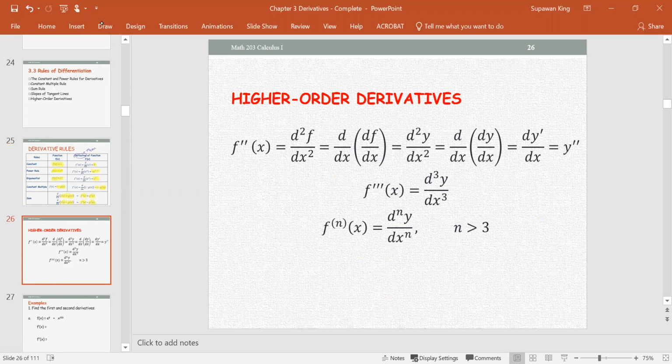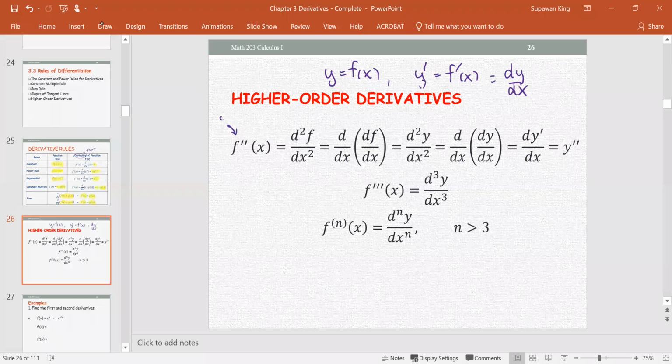The higher order derivatives. As y equals f of x, y prime is f prime, or in the form dy by dx. To find the higher order derivative, the second derivative, we use two dashes.